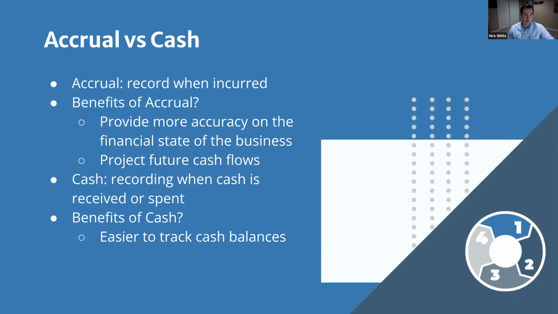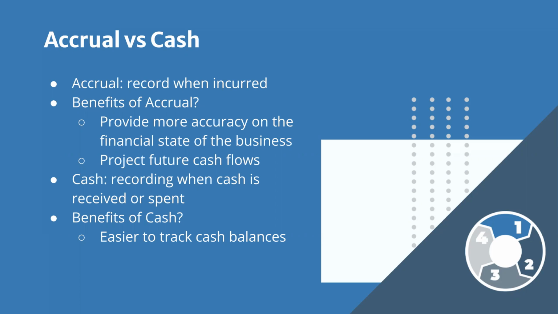The benefit of cash is that it's easier to track your cash balances and what's running through the bank. It's very simple. It's an easy way to quickly know the immediate cash balance, but yet again, it won't give you the full true picture of the accrual system, with what you have coming through receivables or what you owe with payables. So here's another question.